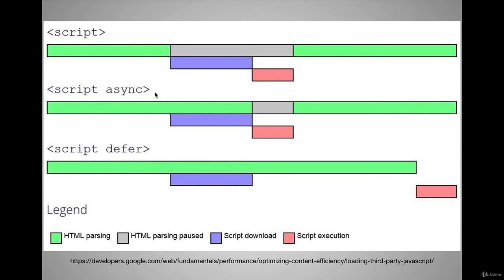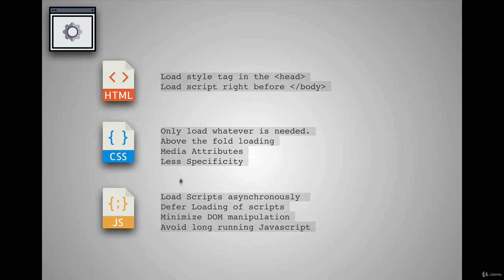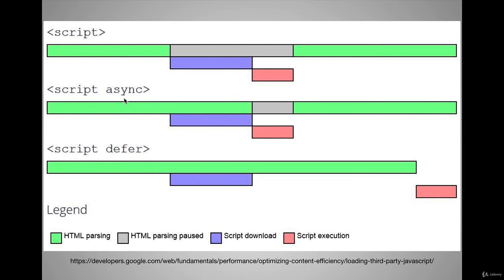Now, there's a second option. And again, going back to our point here, the other option with JavaScript is that we can defer loading of scripts. And defer loading of scripts, again, is simple with this one attribute. Defer is very similar to async in that it will not block loading of our page. However, it will wait to execute until after our HTML has been parsed and will execute in order of appearance.